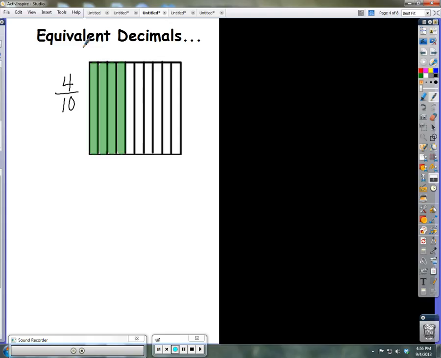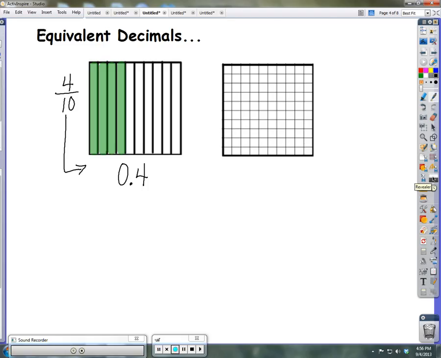But since we're trying to see how to make equivalent decimal numbers, we're going to turn this into a decimal number. So 4/10 as a decimal number is 0.4. A 4 in the tenths place, and they're both pronounced exactly the same way. 4/10, 4/10.